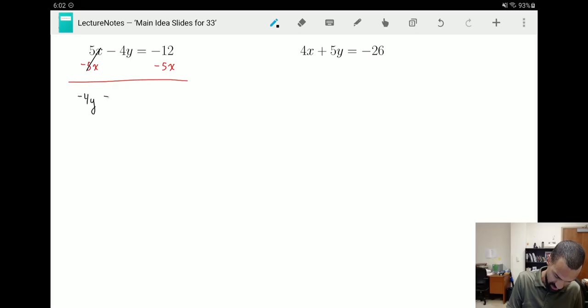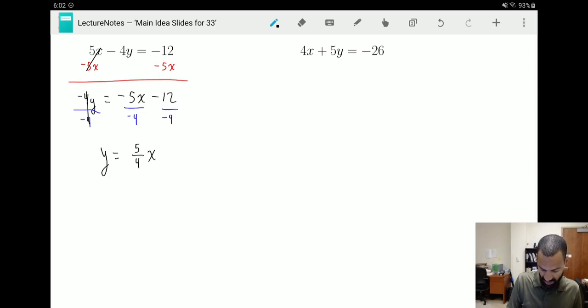Negative 4y equals negative 5x minus 12. Divide all terms by negative 4. Y equals negative over negative is positive, 5 over 4x. Negative 12 over negative 4 is a positive 3.